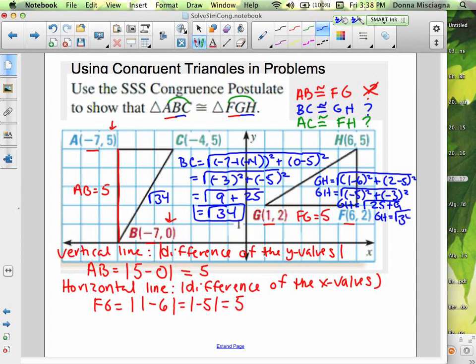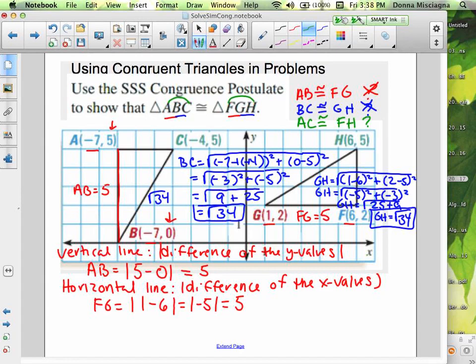There we go. I'm not going to even try to write it on the label there, but I'll just box it. It's so close to the triangle. All right, so GH is equal to the square root of 34. So now, no question there. Those two are congruent to one another. And now the last one is AC and FH.